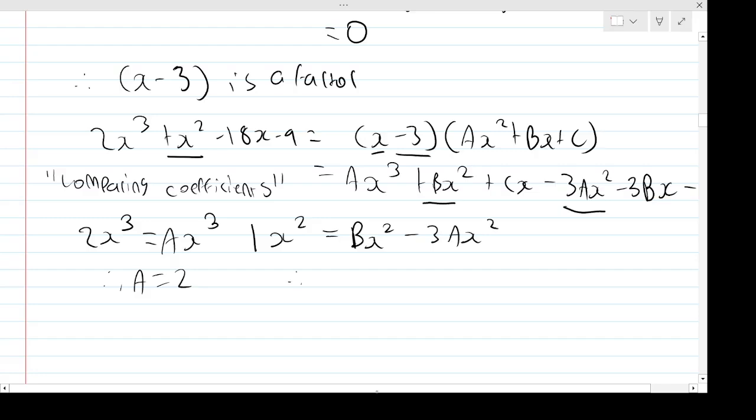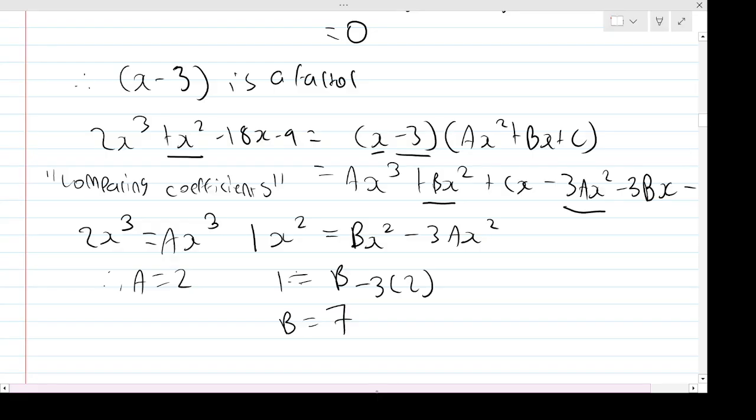Therefore, I can equate the coefficients, hence the name comparing coefficients, to get 1 is equal to b minus 3a. But I know what a is. It's 2. So I can say it's minus 3 lots of 2. Then I can solve this for b. b would be 1 add 3 lots of 2, that's 6. So 1 add 6 would be 7. Okay, so then 7 take away 6 would be 1. So we found our b.